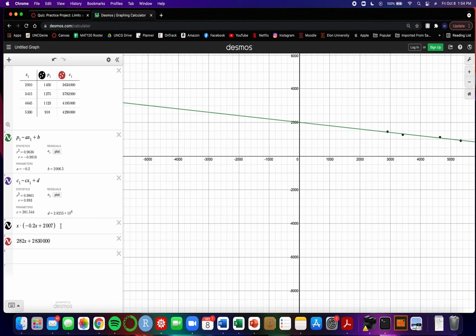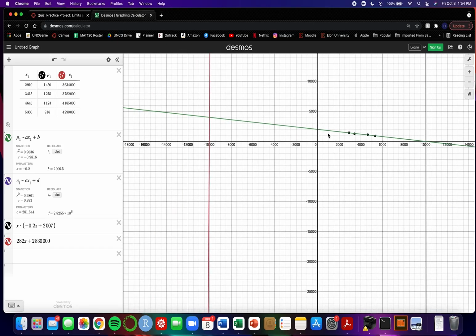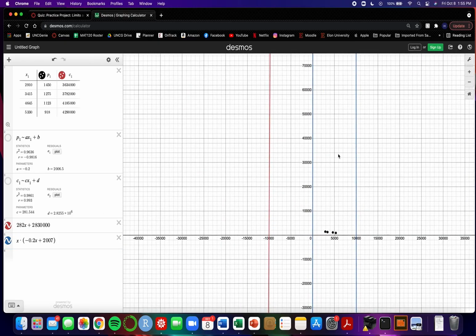So I'm going to let's ungraph these. And then this is kind of hard to see, so I'm just going to plot it in a different color. I don't think I can change colors, so I'll just plot it in a different line. So now we're looking at the blue versus red curves. The blue is our revenue, the red is our cost. So we want to see where the two intersect. This will take a little bit of manipulating because the scales are very different between your price and cost.